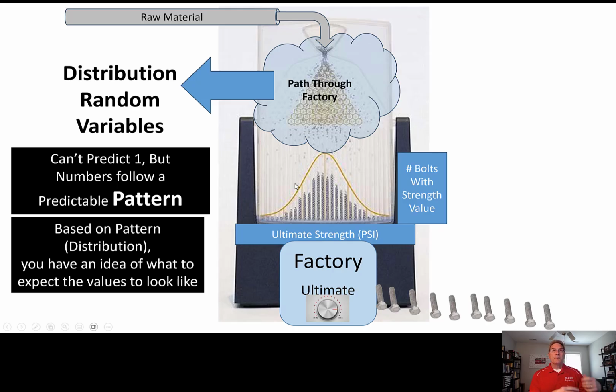And so things seemingly random in the world, the numbers that we're taking, parts going through our factory, can in fact fall into a predictable pattern, the distribution, and statistics has studied those and quantified them. And so we can't tell where one is going to be, but we can know what the pattern is, and that helps us a lot.